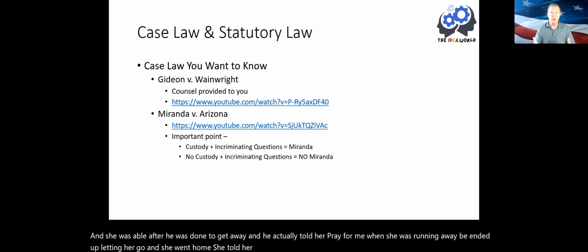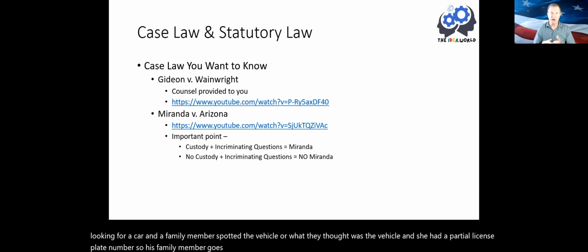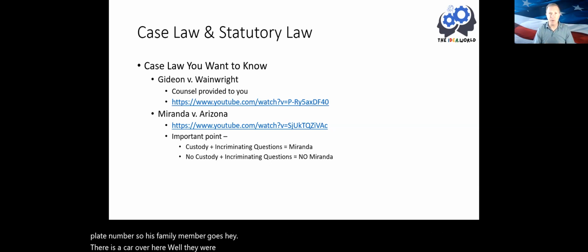And for about a week or 2 weeks, week and a half, they were looking for a car, and a family member spotted the vehicle, or what they thought was the vehicle. And she had a partial license plate number. So his family member goes, hey, there's a car over here. Well, they were looking at Miranda anyway, because dude stole $8 from a bank employee.